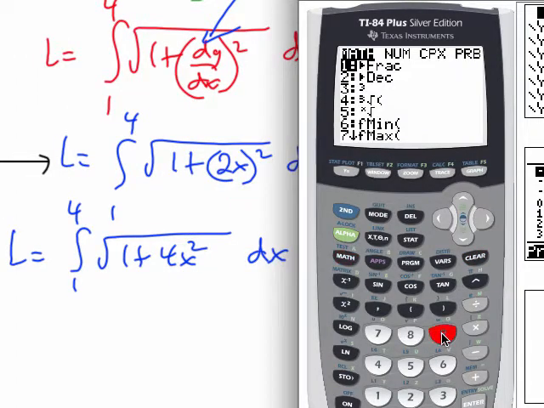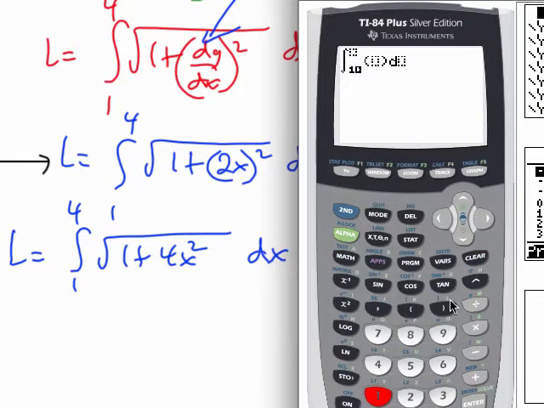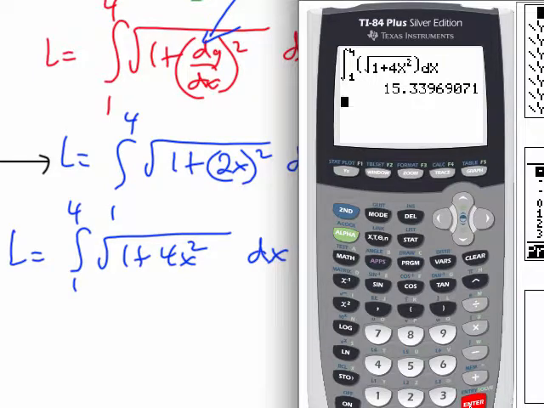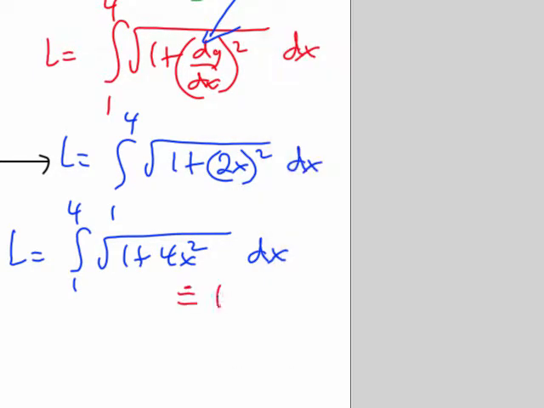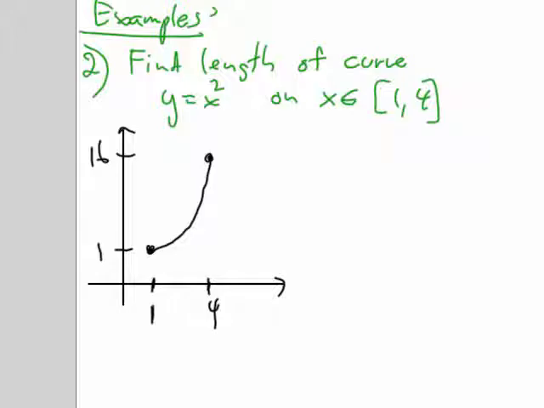So we're going to integrate from 1 to 4 of the square root of 1 plus 4x squared with respect to x. And we're going to get an approximation, 15.340, is the length of that arc.